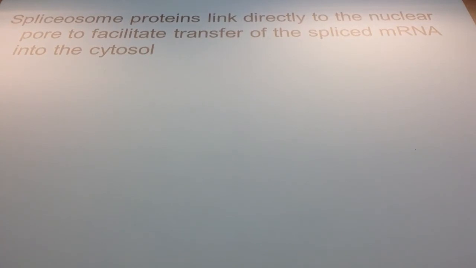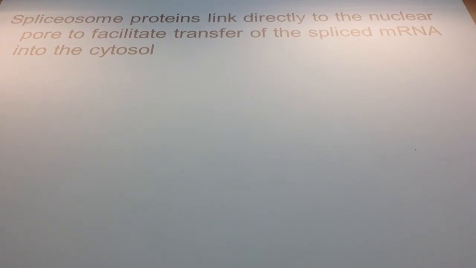So by being completely modified and mature, it needs a cap at the 5' end. It needs a poly A tail. Those are used as the two signals to tell the cell that this mRNA needs to be taken out, right? The third is an inhibitory signal.